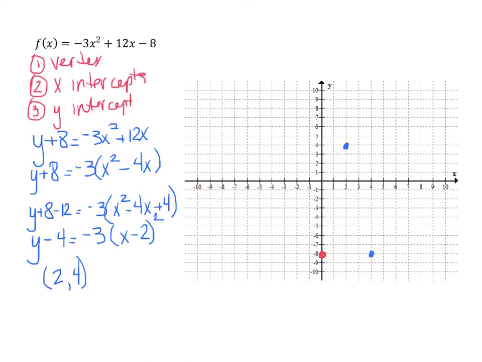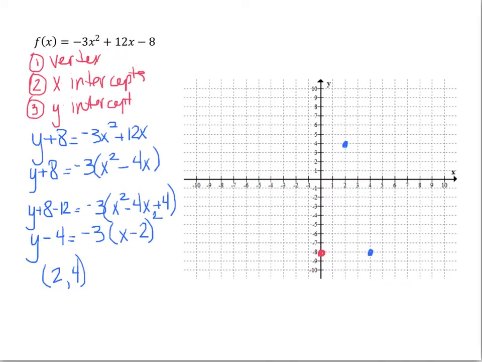Now we need to find the x-intercepts. To find x-intercepts, you set the equation equal to 0. And from this point, I would use the quadratic formula. Do you remember this?